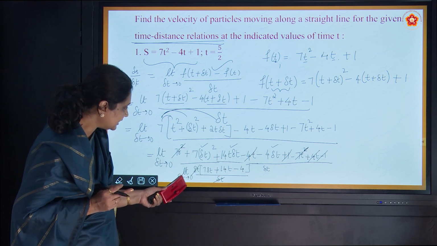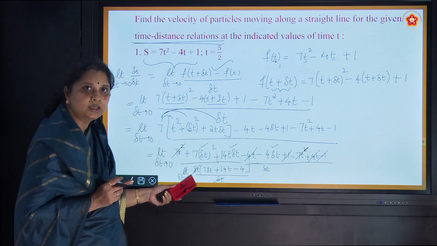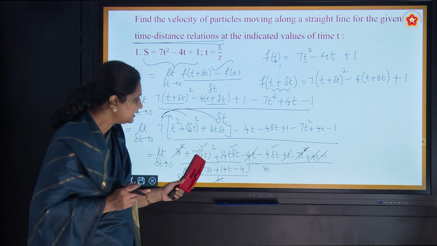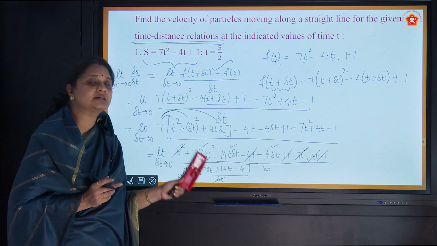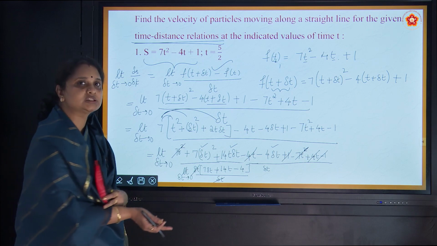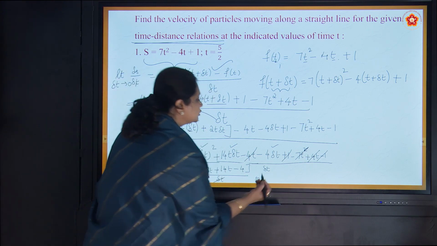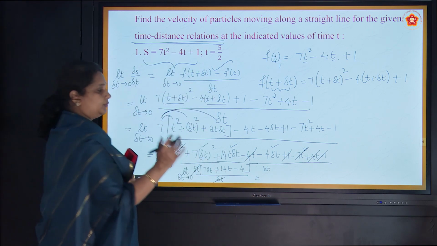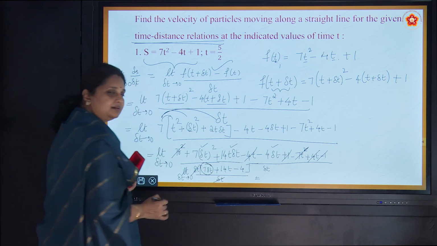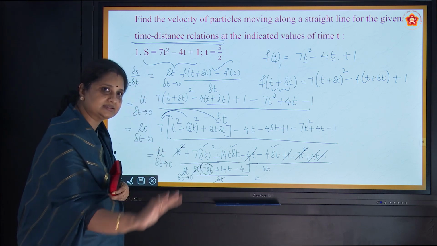It says delta t tending to 0, meaning wherever I have delta t, I need to make it 0, because it's so small, it's almost 0. So for my convenience, I'm making it 0. So 7 delta t, since it's 7 into 0, gets nullified.